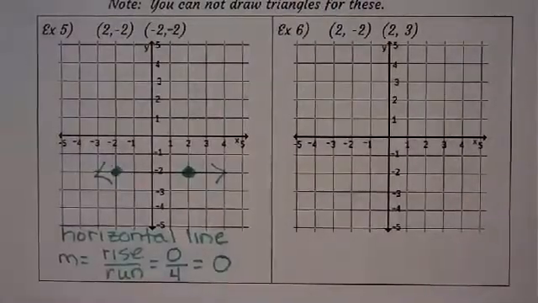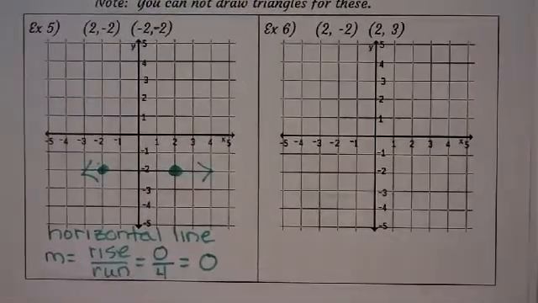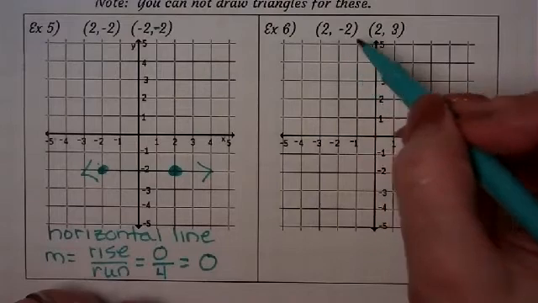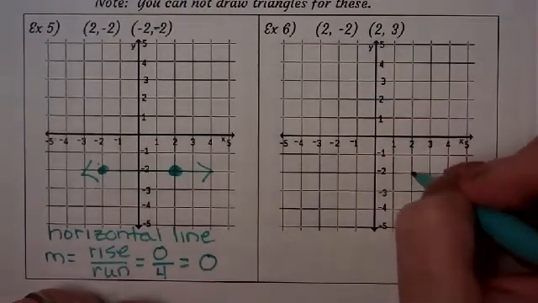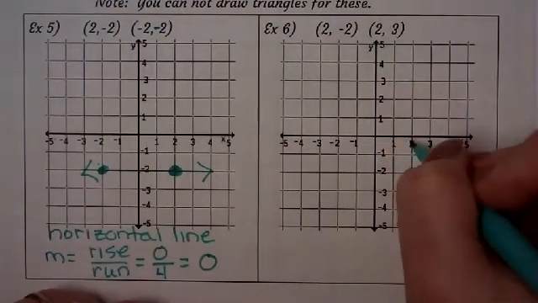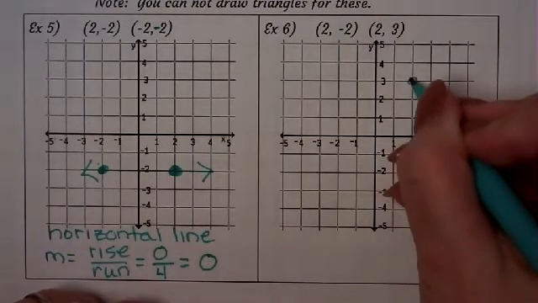Okay, now let's take a look at 6. Example 6 is actually going to be a vertical line. So let's graph this. So we're going to graph 2, -2 again, right here. And then we're going to graph 2, 3 up here.